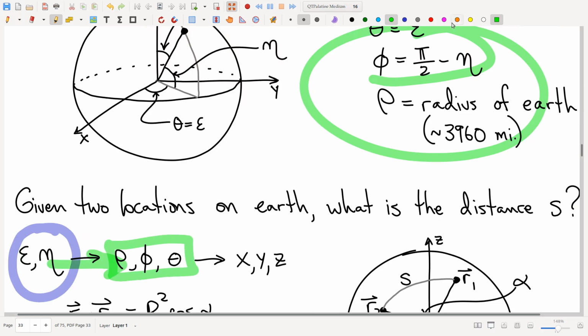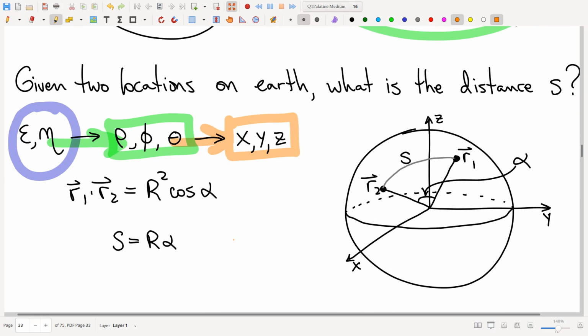Then use the tricks on the previous page to get the rectangular coordinates. And once you know the rectangular coordinates of these two vectors, right, you've got R1 and R2 in rectangular coordinates.